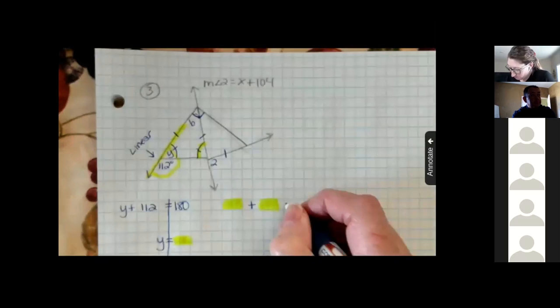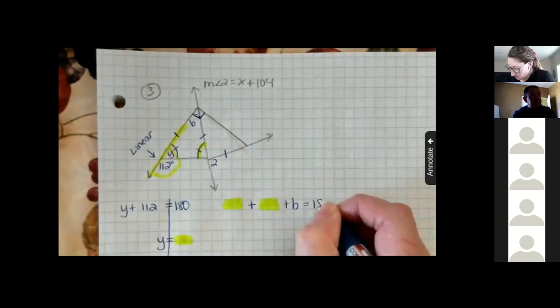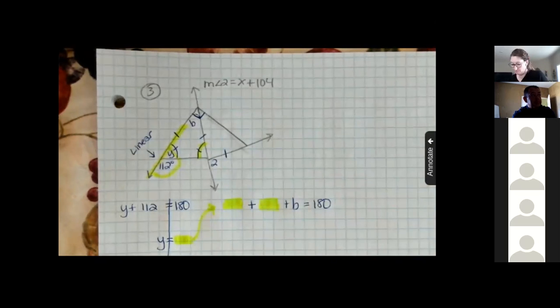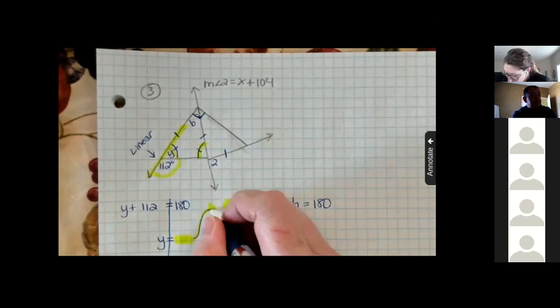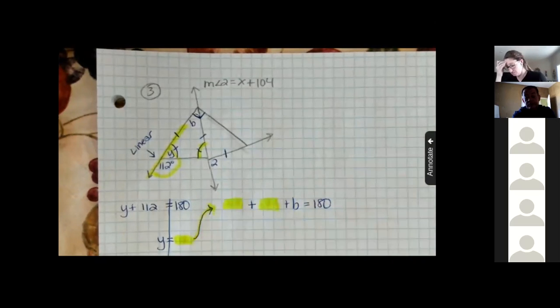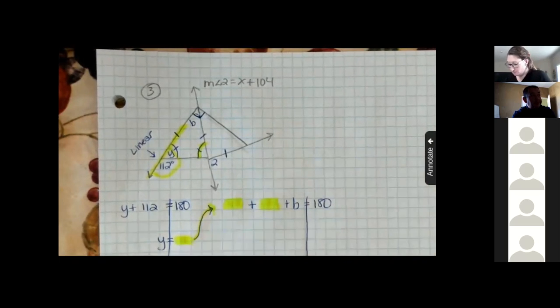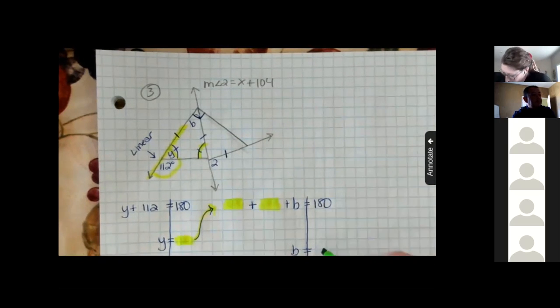Okay, plus b equals 180. So this is going to go up to here and fill in those 2 spots. Okay, so this will go here and fill in the yellow. All right, you will do that math, and that's going to give you b equals something. Okay, whatever that is.